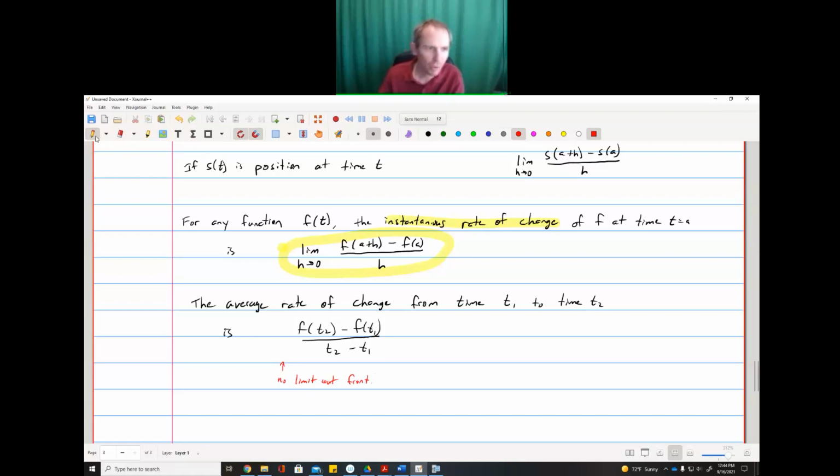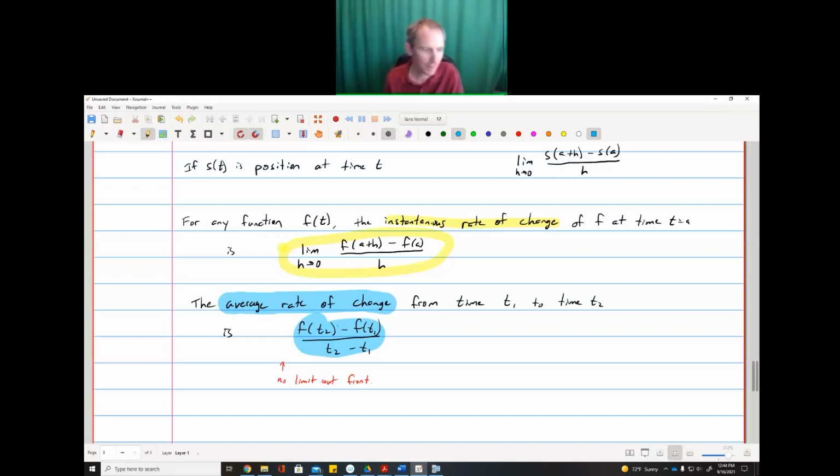Okay, so to bring it back to the context that we've talked about before, instantaneous rate of change is like the slope of the tangent line. Average rate of change is like the slope of that secant line that connects 2 points on the graph.